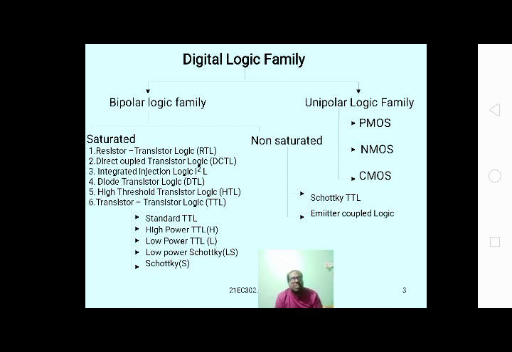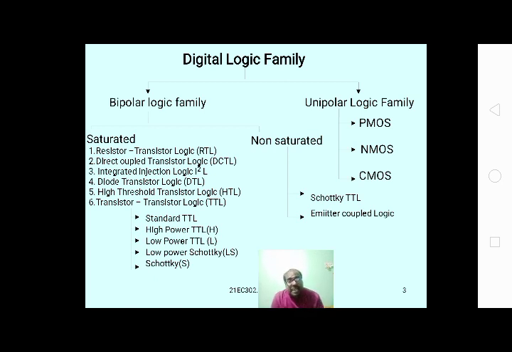Saturated is converted into six types. They are: resistor transistor logic, RTL; direct coupled transistor logic, DCTL; integrated injection logic, I square L; diode transistor logic, DTL; high threshold transistor logic, HTL; and transistor-transistor logic, TTL.